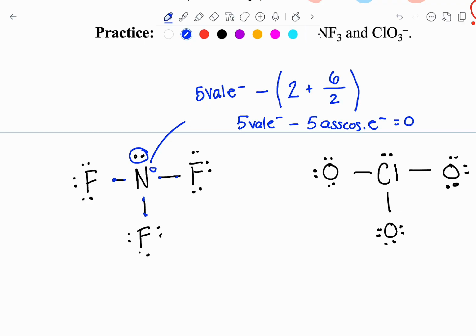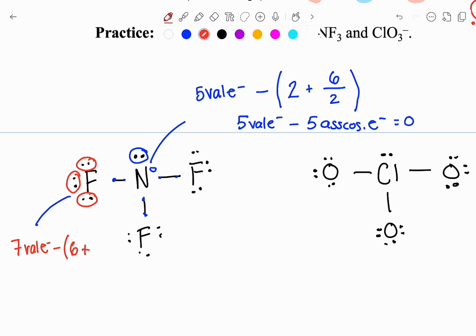Okay, now let's look at the fluorine. We're only going to do one of these, so I'll put it right over here because all of them are going to have the same formal charge. We'll switch to red to do that. So, fluorine has 7 valence electrons, and we're going to subtract from that its associated. So it has 2, 4, 6 electrons in lone pairs.